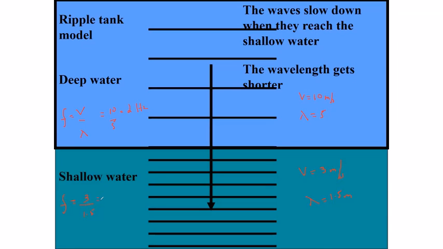How does the speed decrease? Why does the velocity decrease? Because in shallow regions, the particles are very close to each other, so the wave cannot travel quickly. You can understand from an example: if you are standing at a seashore, you observe that the wave appears to be moving very fast when it is far away from you.